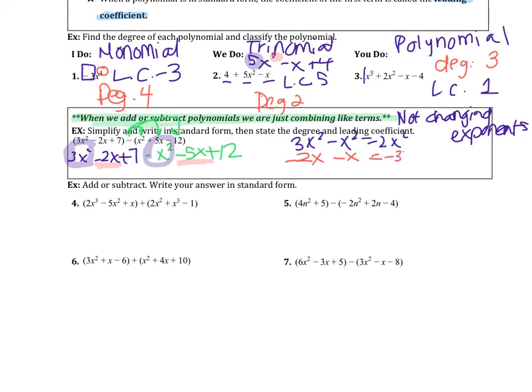I now have negative 3 of that something. And lastly, with our constants, which we have been doing all year, I have positive 7 and positive 12, which is going to give me 19. So to write our final answer, after we combine like terms, we're going to write it in standard form. 2x squared minus 3x plus 19.